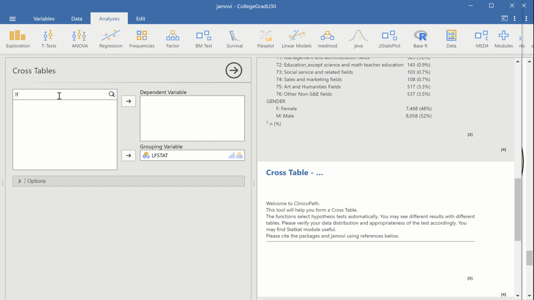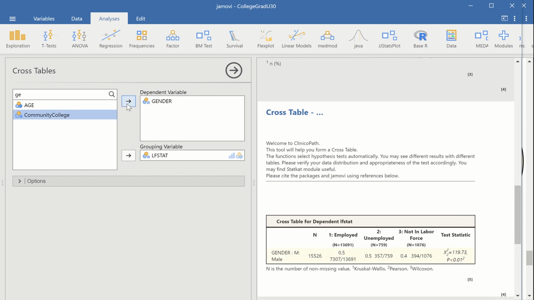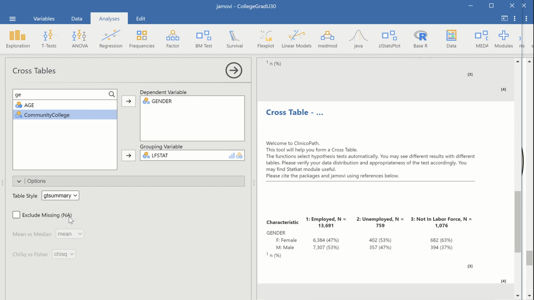And then we might want to look at it by gender, for example. So is there any difference in employment by gender status? And we'll do the GT summary, so it gives us the full crosstab.